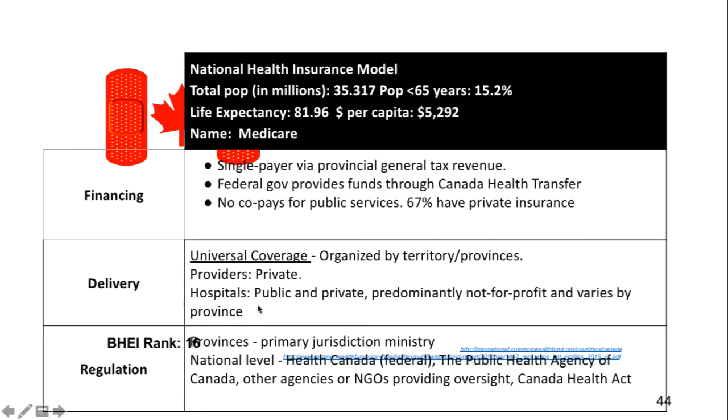The hospitals are public and private, but predominantly non-profit, and this varies by province. For regulation, the provinces, through the primary jurisdiction ministry, set the rules, and at the national level, Health Canada sets the rules.